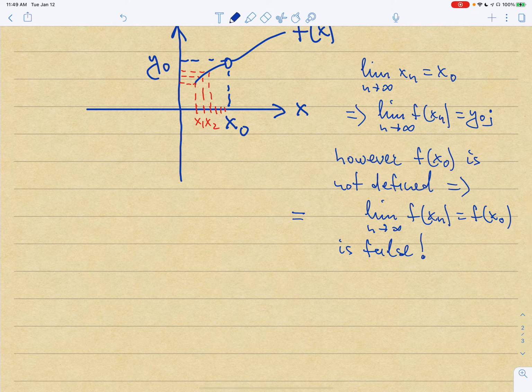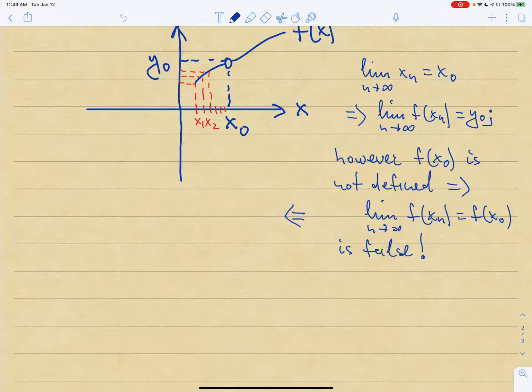So what do we observe in this case? We observe that the limit of f of xn exists and is equal to the value y0, which is the value that, if the function had it at x0, the function would become continuous.